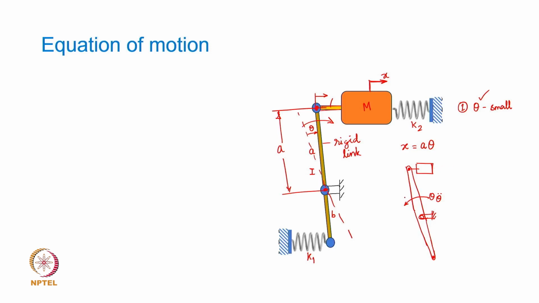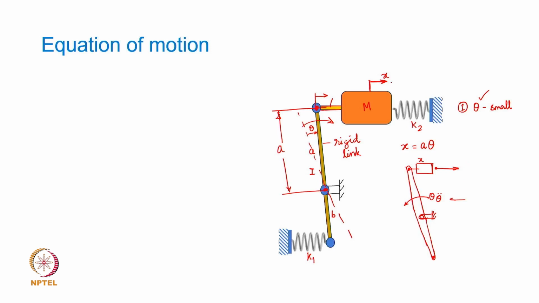So, if I consider this to be a free body diagram, then on this mass and the end of the link, if theta is considered counterclockwise positive as shown here, then the spring is going to pull the mass back to its original equilibrium position, and obviously the displacement x being A theta, what is going to be the restoring force?